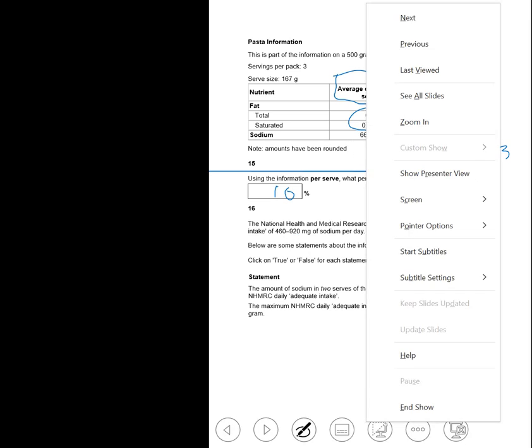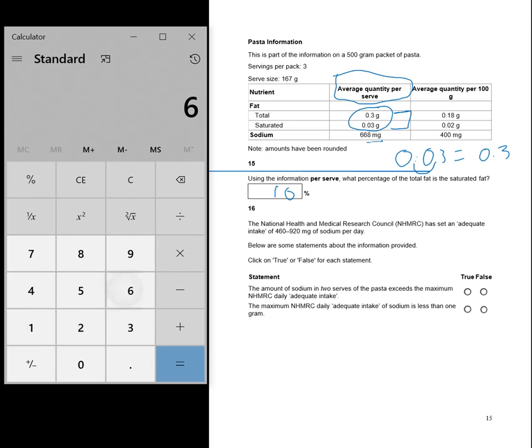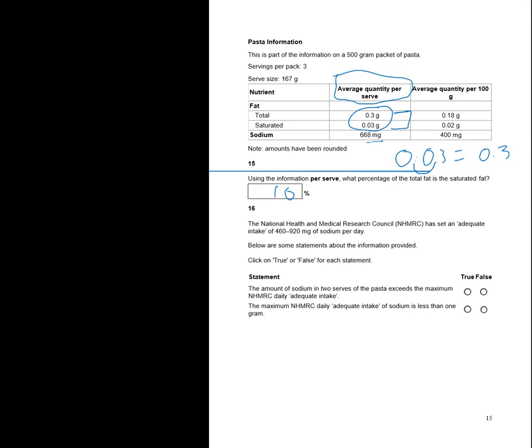So that's how much in 1 serve, 668. So if we multiply that by 2, will it be greater than 920? You can get your calculator to tell you. 668 times 2, is it more than 920, which is the maximum amount? It sure is. So we say that is true.